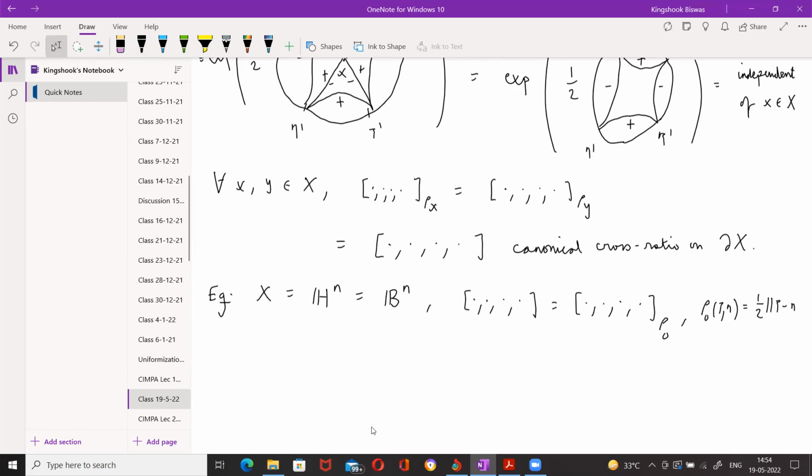Yes. So then this becomes nothing but just the usual Euclidean cross ratio, right? Yes? Okay. So the cross ratio defined in terms of distances inside turns out to be just the usual Euclidean cross ratio on S^(n-1), right? Is this clear? Yes.